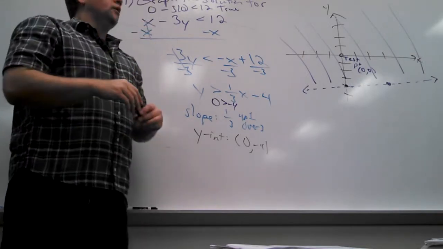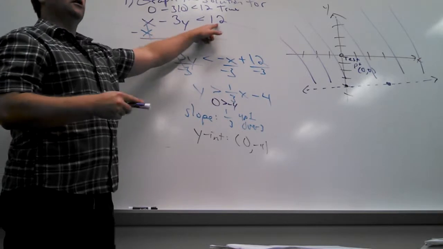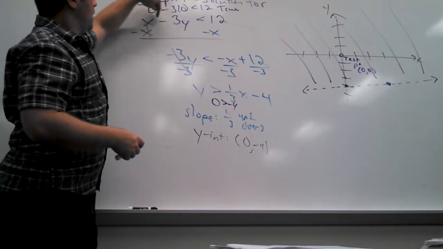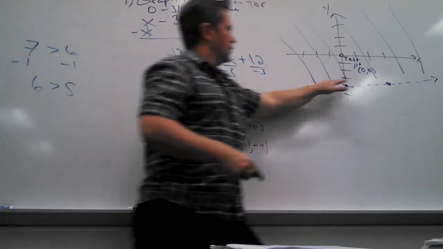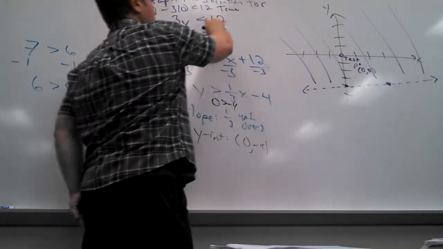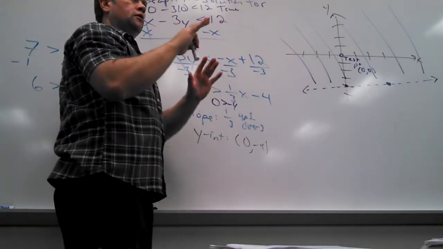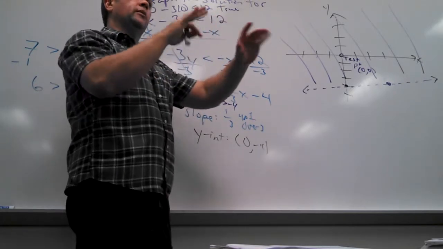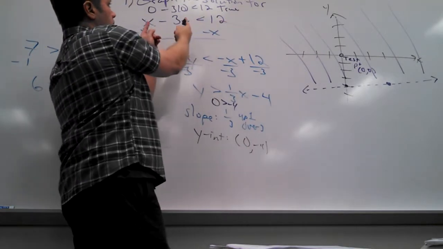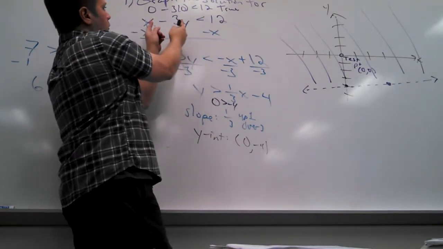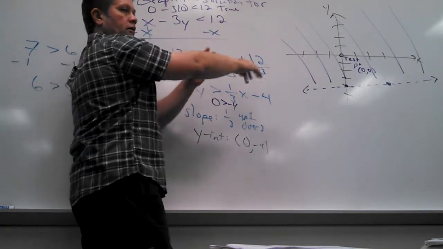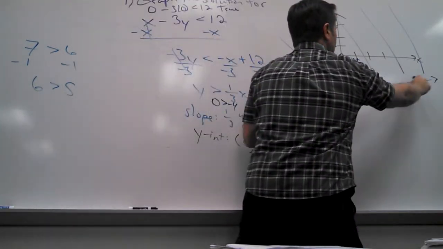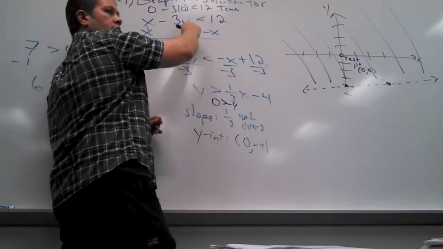The 12 represents the line? The 12 represents what these, so all the values that make this 12 are what are on this line. And that's why it's dotted, because it's not allowed to equal 12. So if I plug any point on this line in here, it'll be 12.